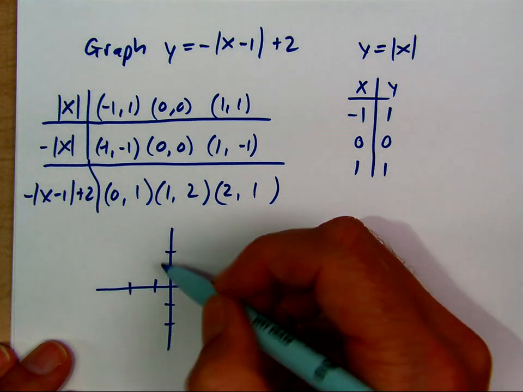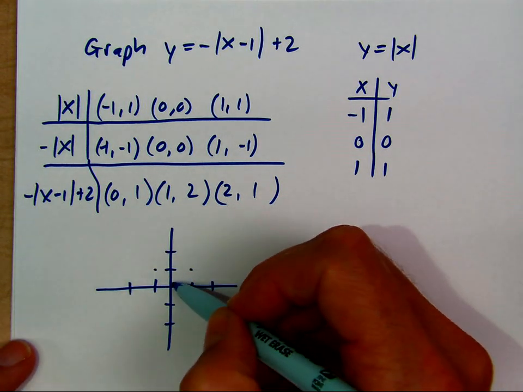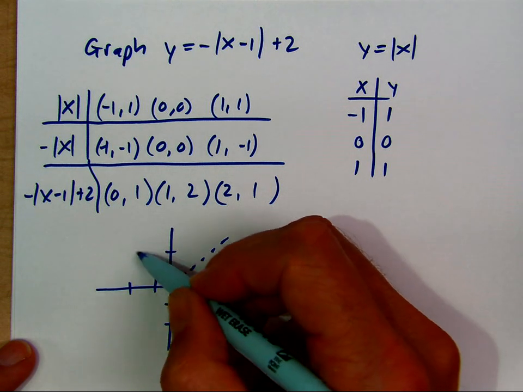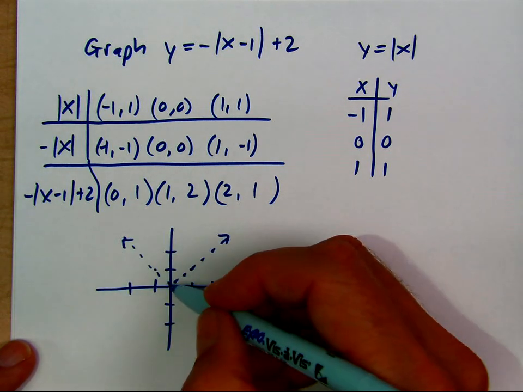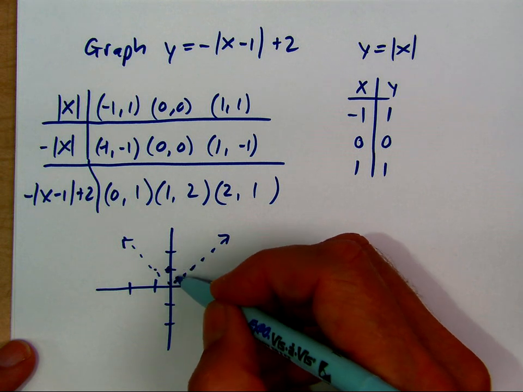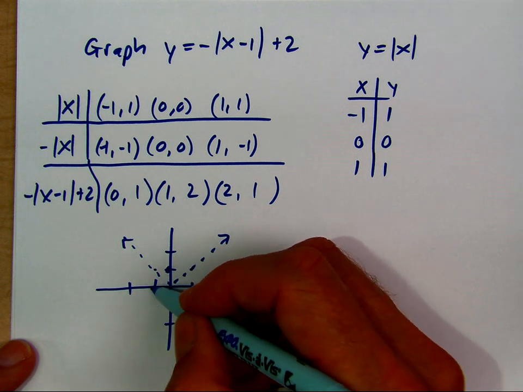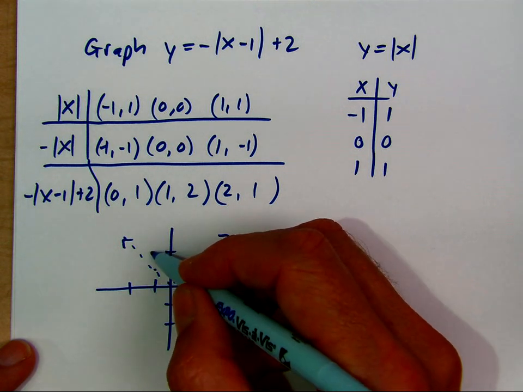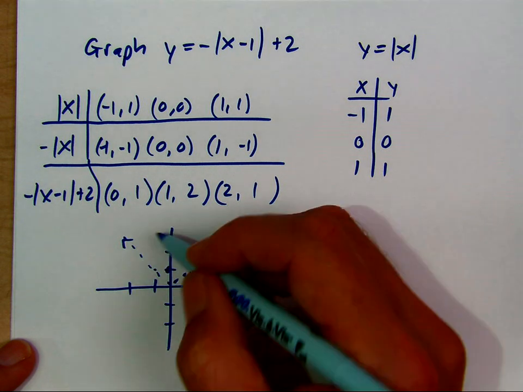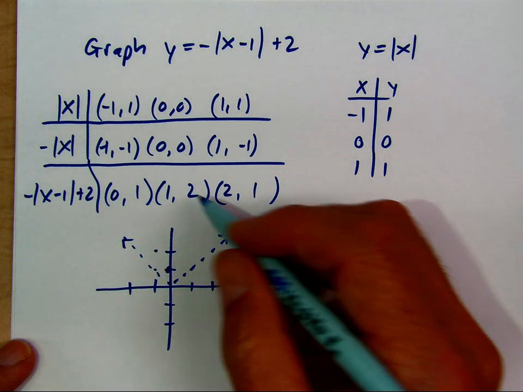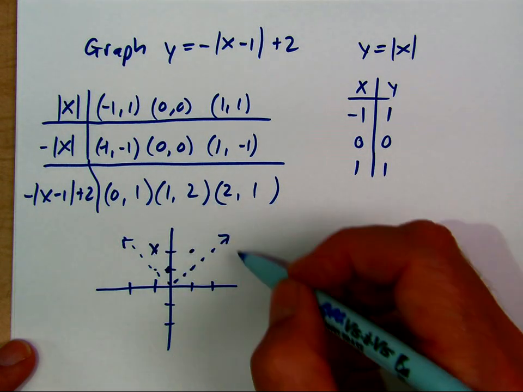So we have the parent function look like that. And now the transformation is 0, 1, 1, 2, and 2, 1.